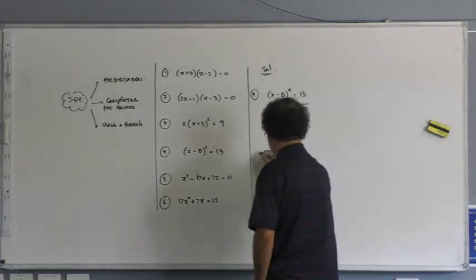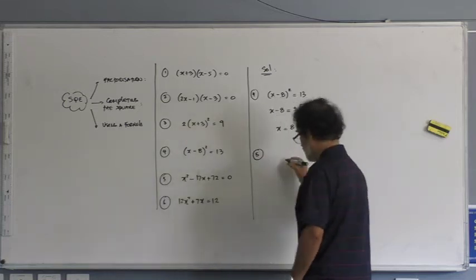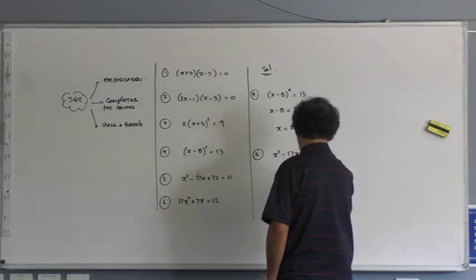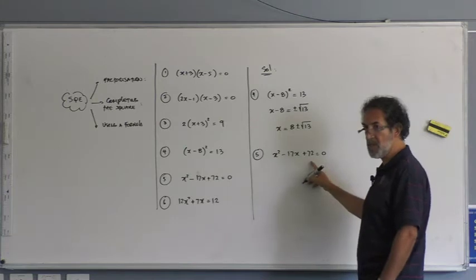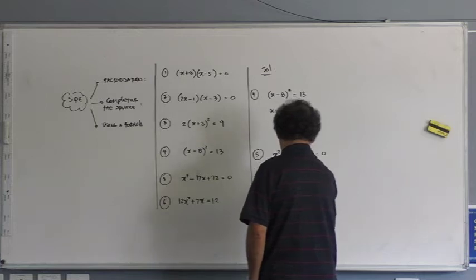Right, okay, so the original question is x squared minus 17x plus 72 equals 0. But we know that we can factor this as x minus 9 and x minus 8.